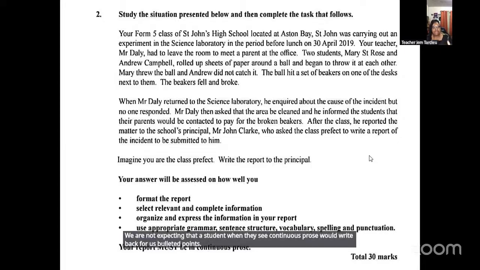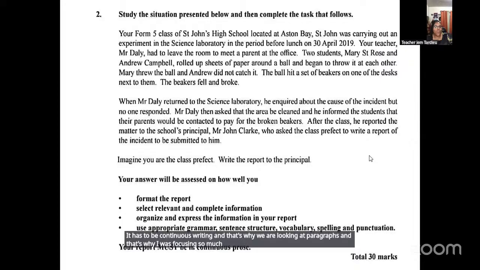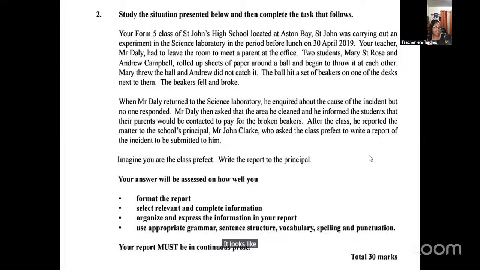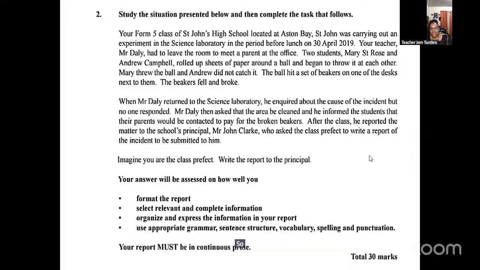It has to be continuous writing, and that's why we are looking at paragraphs, and that's why I was focusing so much on what a report looks like. In any of the reports I would have shown you, you would not have seen any bulleted points. So be mindful.